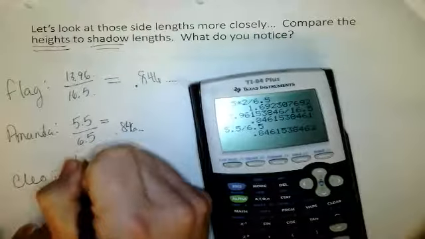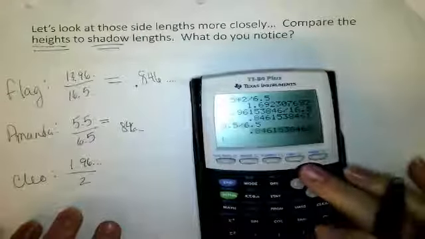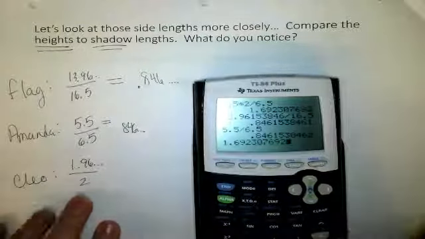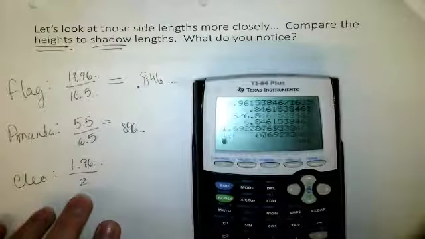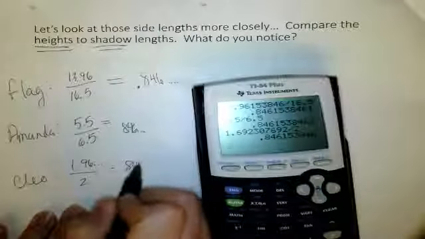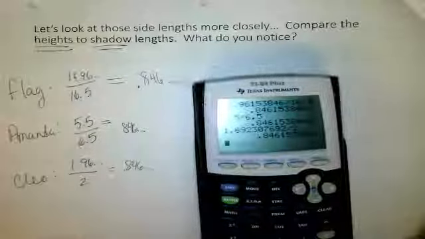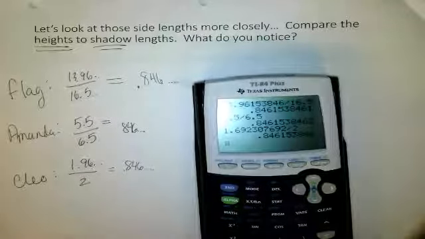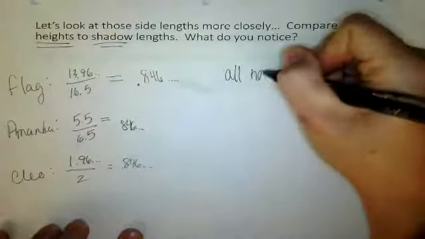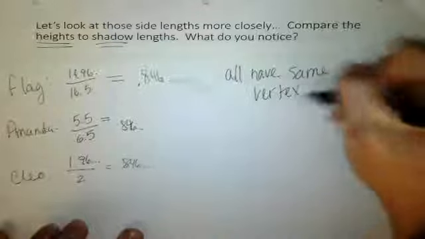Cleo's was 1.69 something or other over 2. Okay, let me find that number. Here it is, 1.69 something or other. So I'm going to call it that number over 2. And, curious. What is it? Is it because they're similar? Yes. So because they all have the same vertex angle.